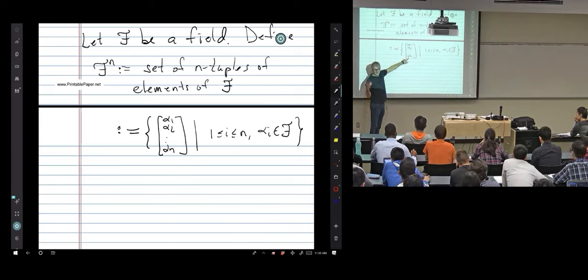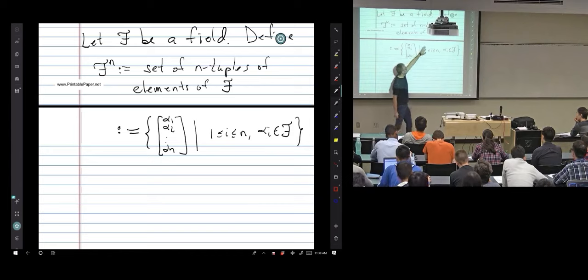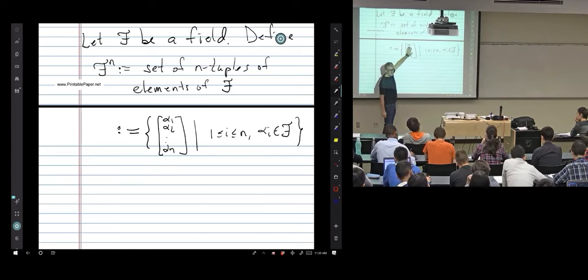We're doing examples of vector spaces, so I want it to be a vector space, and I'm going to use the field to be F, because I know how to add these things, etc.